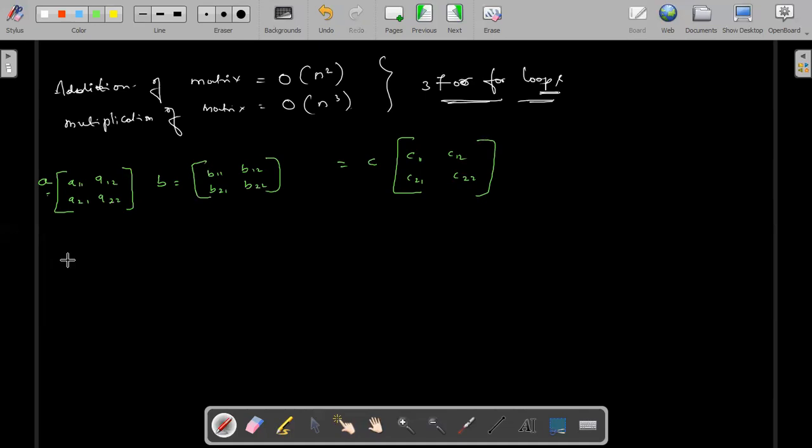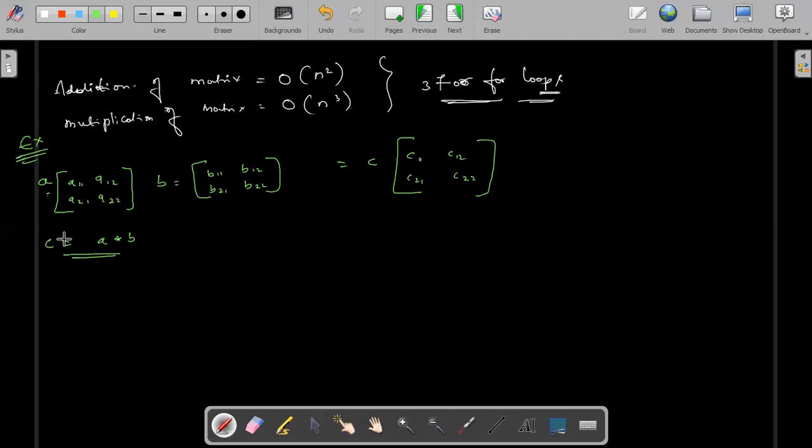How to do this one? Very simple. Now here, C is equal to A cross B. I'm showing an example for n cube. Now see here, for adding two matrices, how much time is it taking? It is taking n square, yes or not? Again, for adding two elements, how much time is it taking?